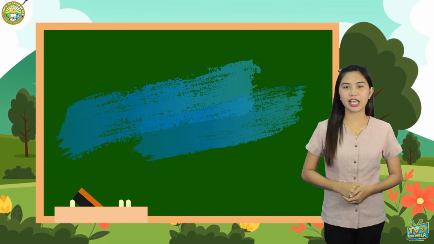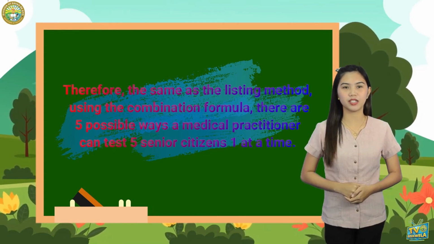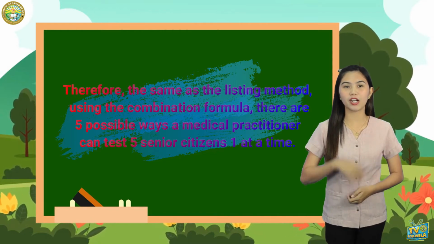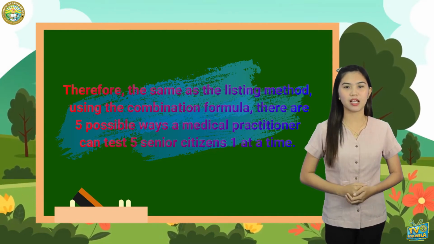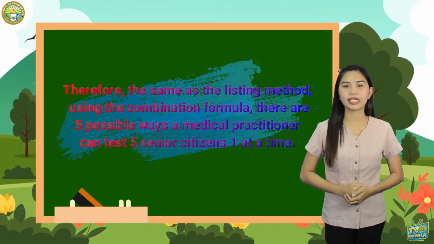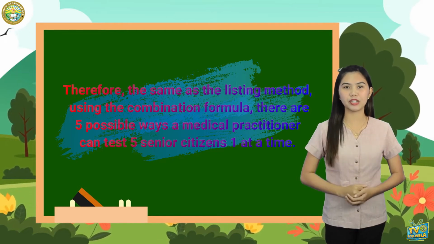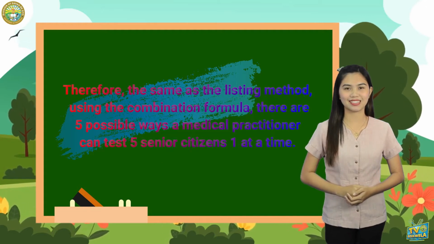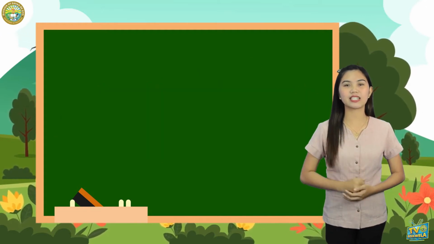Therefore, the same as the listing method, using the combination formula, there are 5 possible ways a medical practitioner can test 5 senior citizens, one at a time. Second example.